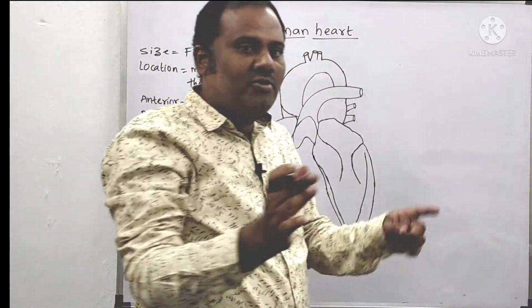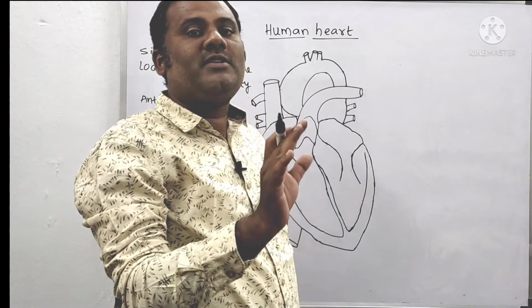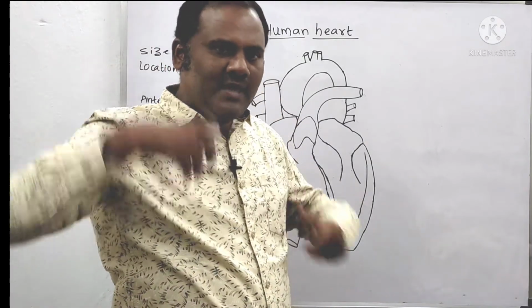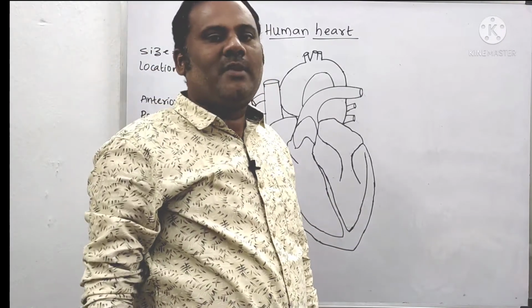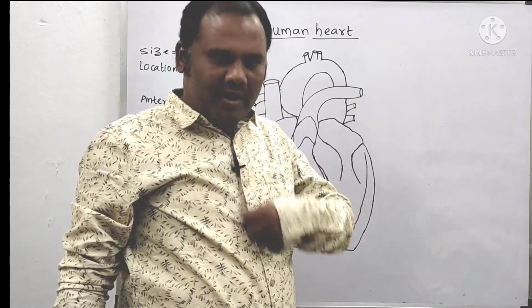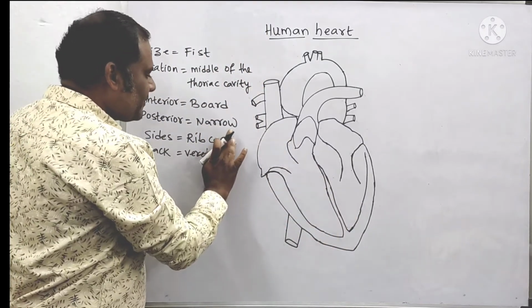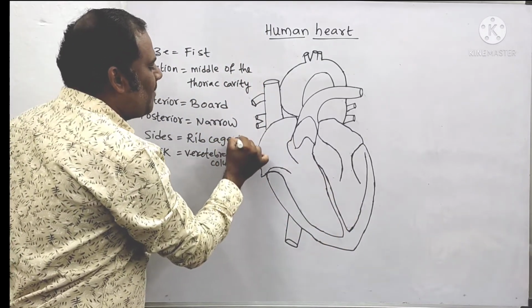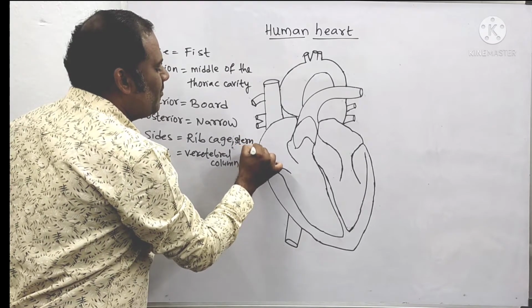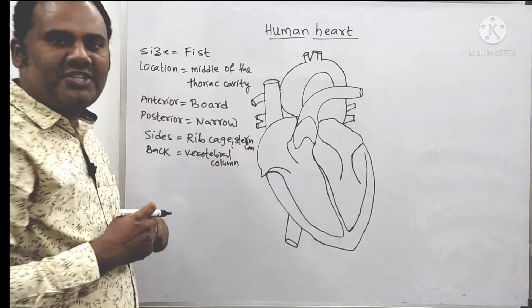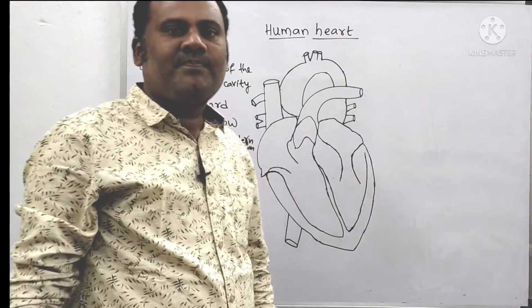That vertebral column also gives protection to the heart. In the exact center we have a bone called the sternum. The sternum is also useful for protection in the front.